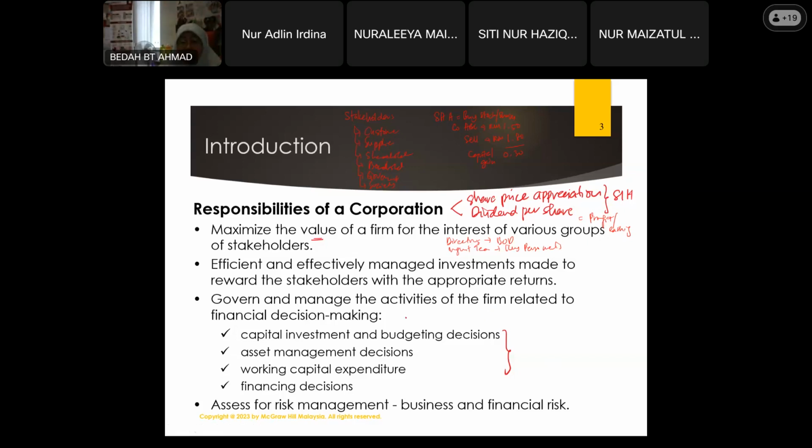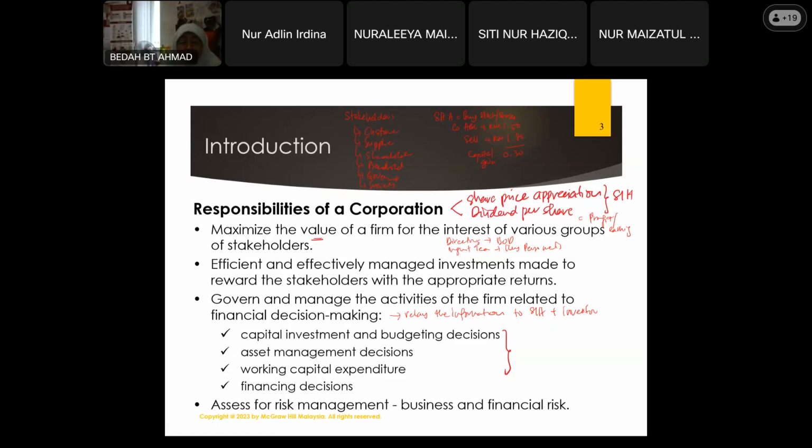Good financial decision making is very important because this relays information to the shareholders and investors, including potential shareholders and potential investors, because they don't have the opportunity to be involved in the day-to-day business operations. So they just rely on information from the company through the decisions made by the directors and the management team.